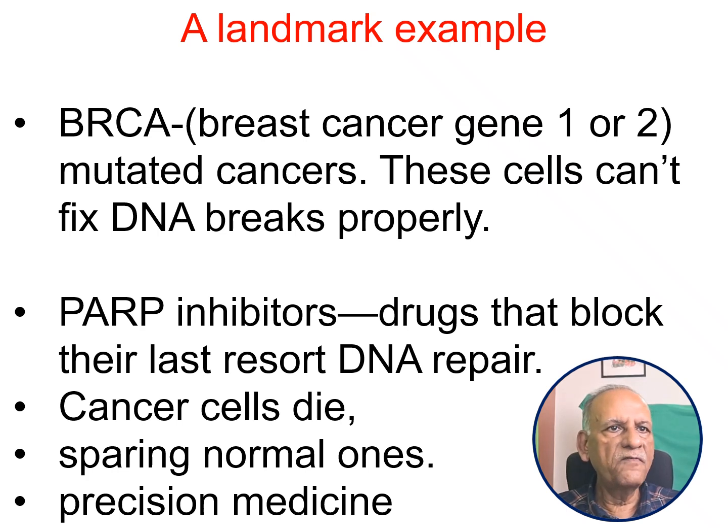So they cannot fix DNA breaks properly if these genes are mutated. PARP is another gene which is also involved in DNA repair. So if you inhibit PARP, then the cells cannot fix DNA breaks. So this is what happens if you have a combination of these two.